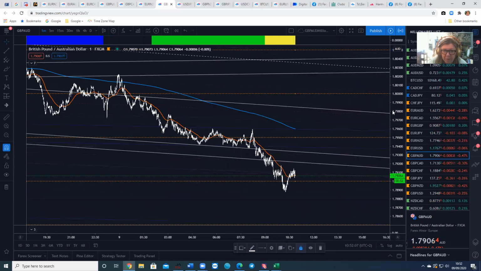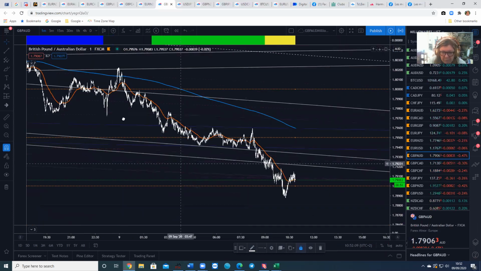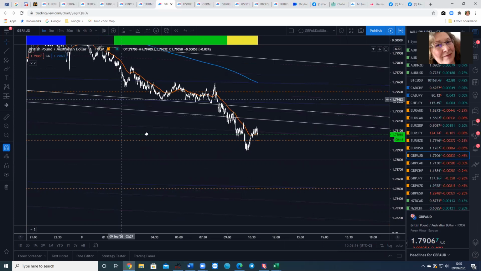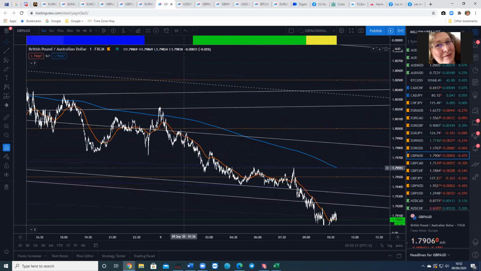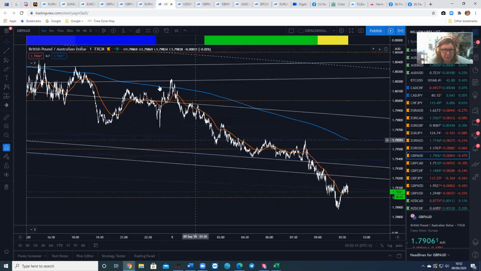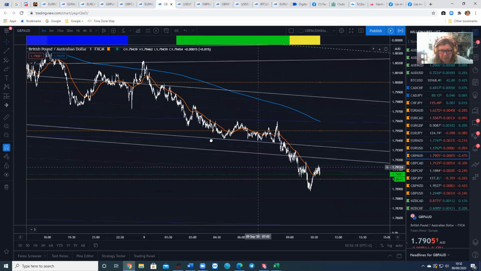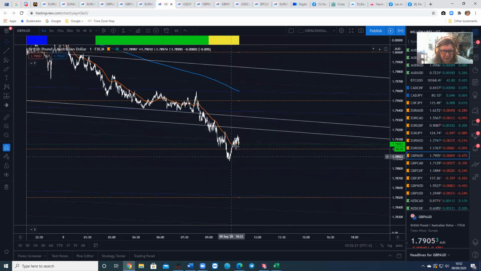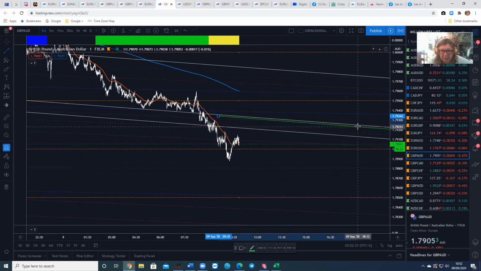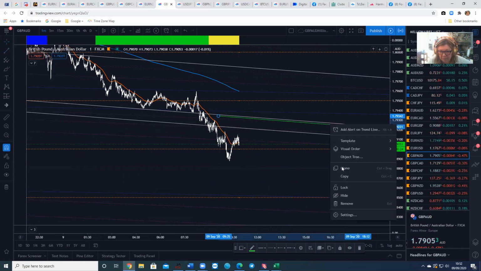Right, so it's come out of it though at the moment. But yeah, that went down very nicely for such a fast pair. Looks like it's leveled out and it's coming up above that, it wants to ping back in, but there's nothing that we can do on it until about here, really. Yeah. So I'm going to put an alert on there.